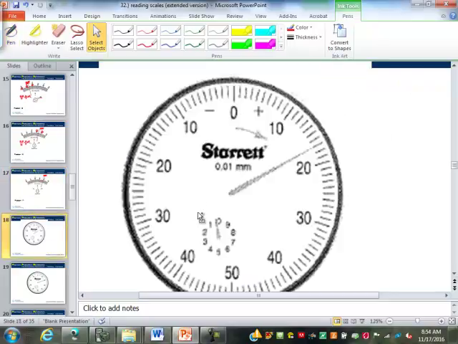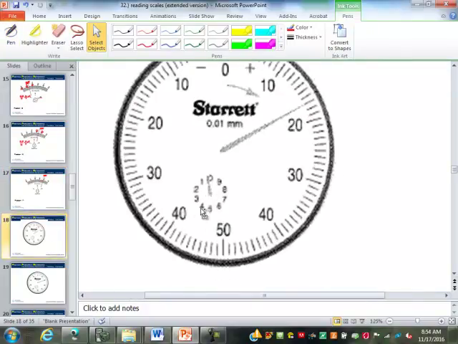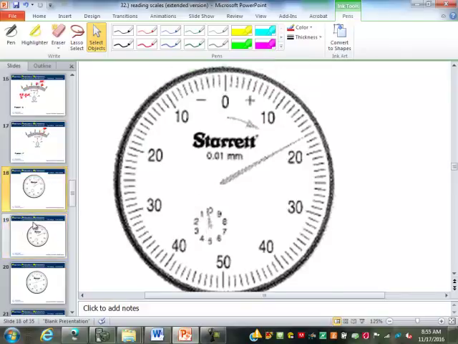Now we're going to look at depth gauges, or dial indicators. You can see on the center, it says 0.01 millimeters. So this is reading down to the hundredth of a millimeter.